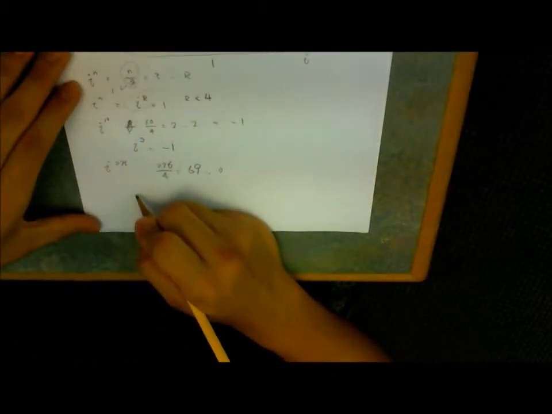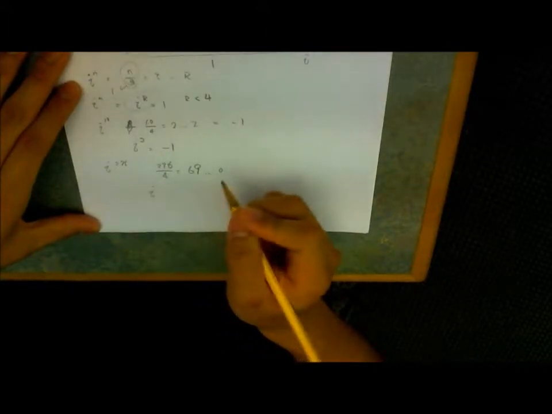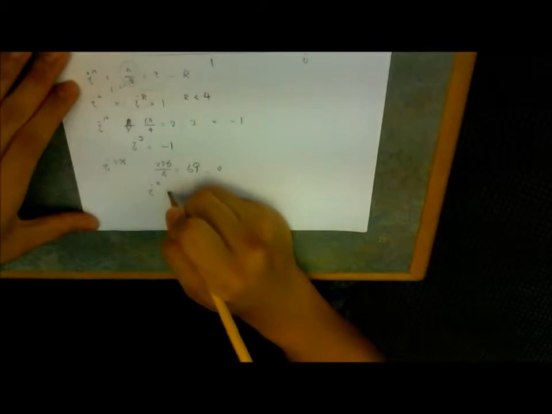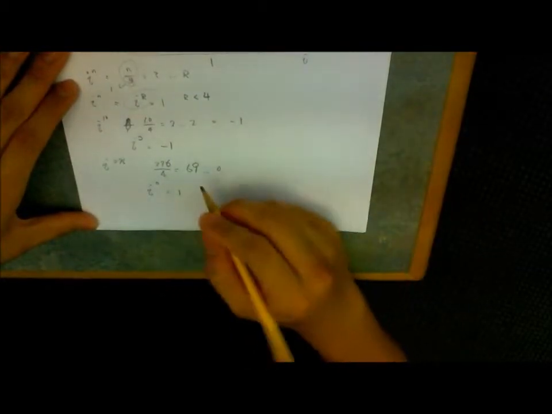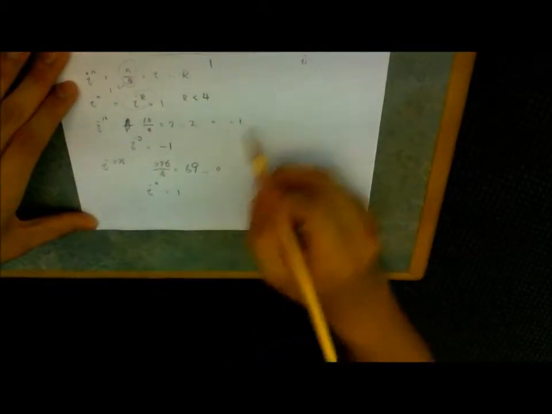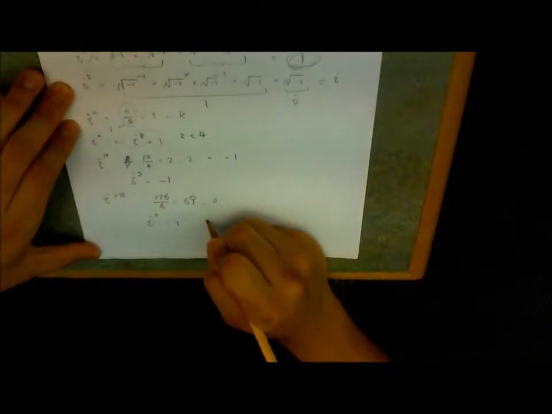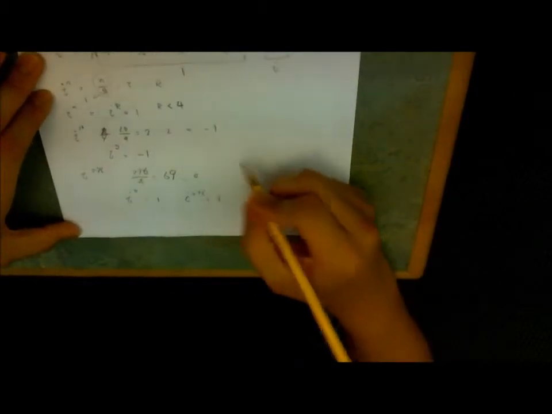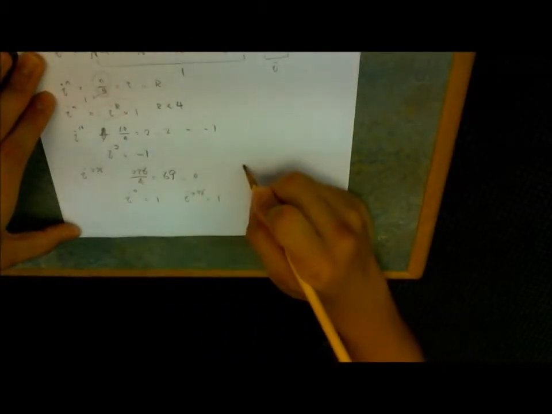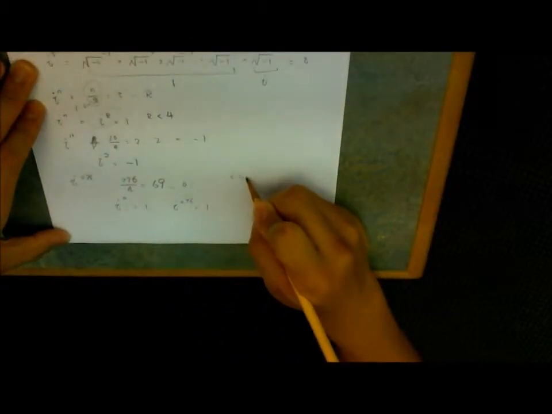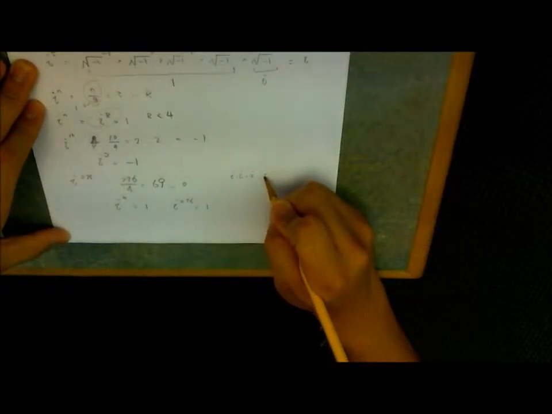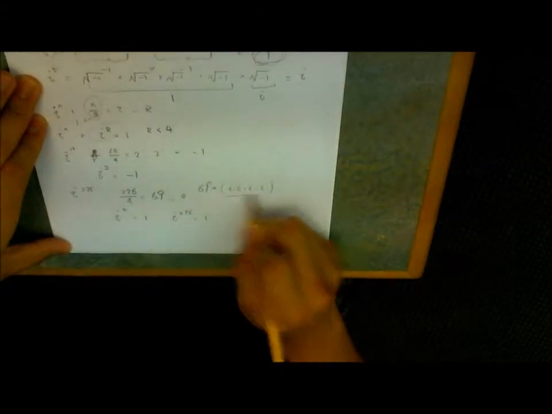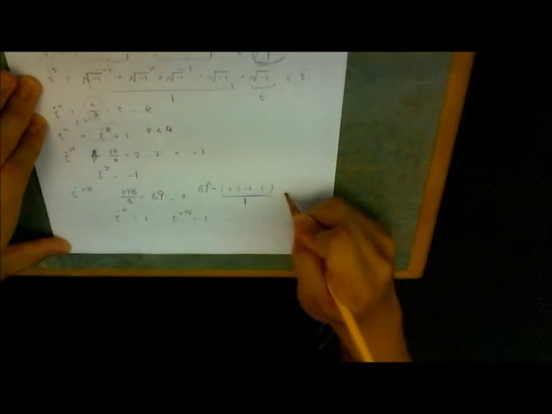So that would be going essentially i to the 0, which is 1. And 1 times 1 is 1, so i to the 276 is 1, because we're grouping 276 i's into groups of 4s, and we know there's going to be 69 groups of these, which are 1s. That's going to give us 1.